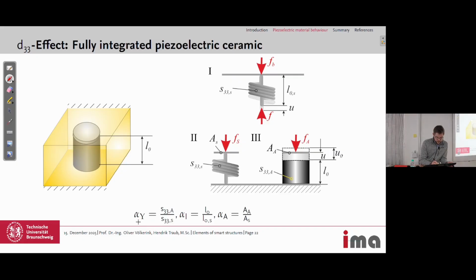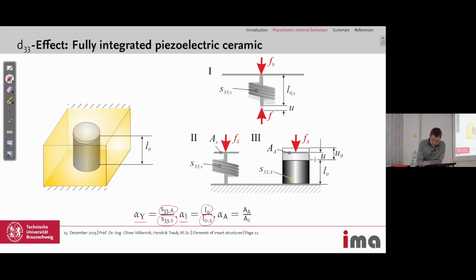So we have our alpha epsilon, which are the stiffnesses again, or in our case now the compliances of the material. So compliance of the actuator, compliance of the structure. So this is the ratio for the stiffnesses between actuator and structure. We can have a ratio for the geometry for the length direction, so L0 of the actuator divided by L0 of the structure.